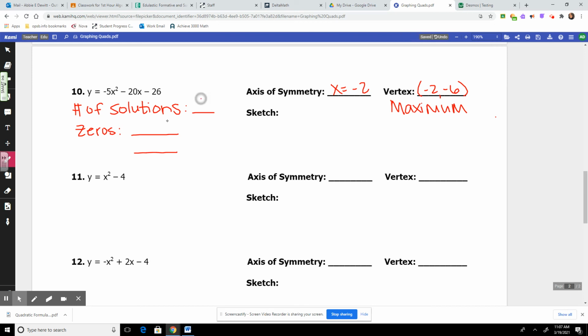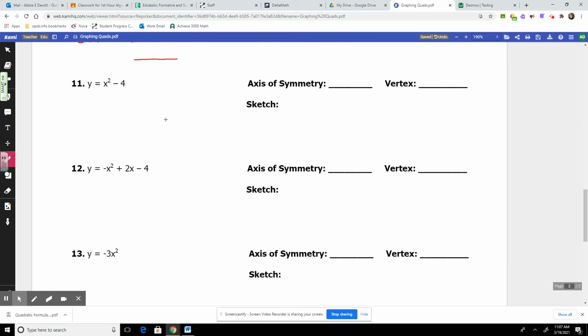If you graph this, you will see that it does not touch or cross the x-axis. Therefore, your number of solutions are 0. There's no real numbers. Okay, for number 11, when you graph, you will see that the axis of symmetry is at x equals 0. Your vertex is at (0, -4). Your vertex is a minimum.